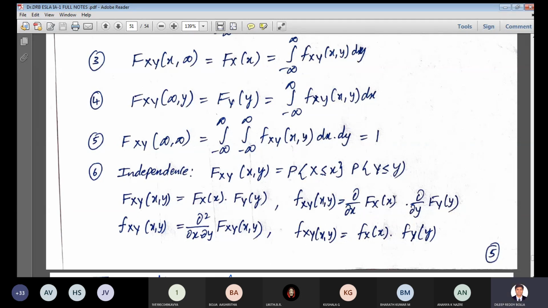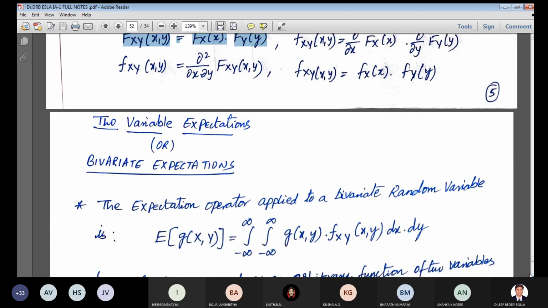The derivative of the CDF will give you the PDF. So finally, you can understand that. If you know this formula and this formula, independence is done. Just multiply those corresponding CDFs and PDFs. So these are the formulas, right?